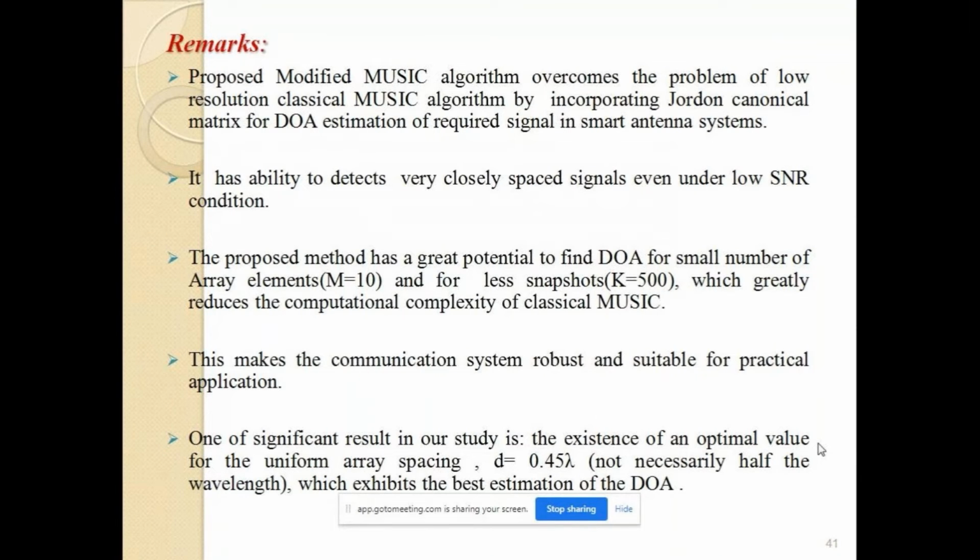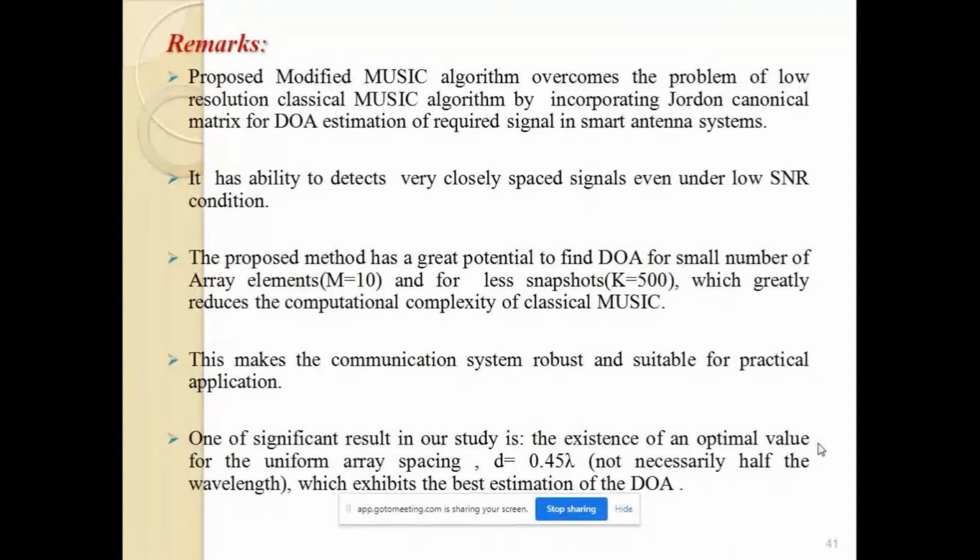For the first time we have incorporated the Jordan canonical matrix for estimating the spatial coherence matrix in the MUSIC algorithm, so we call it the modified MUSIC algorithm, which definitely improves the resolution of the algorithm. This is the first point.